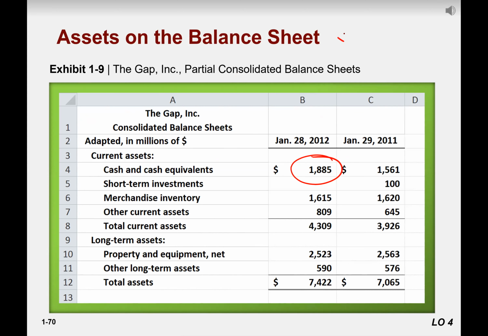The net income tells you what's going on during the year. The key point is, during the year, the retained earnings is going to tell you what happened to the net income. The balance sheet is going to tell you the position of the business on a specified date.